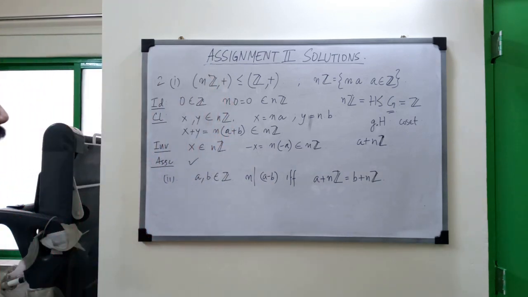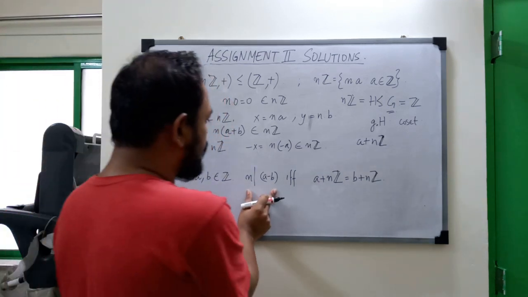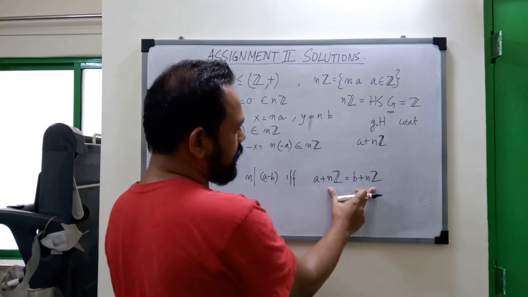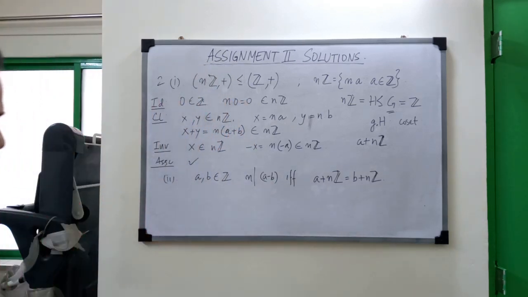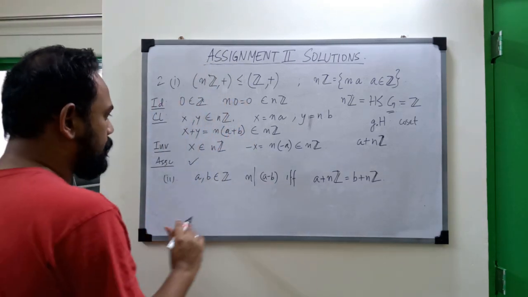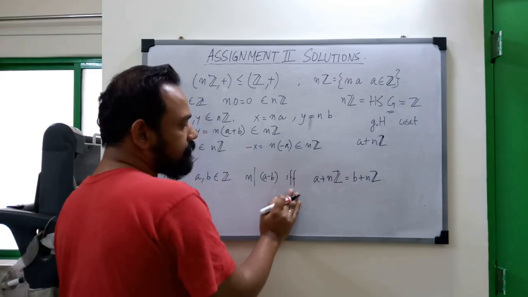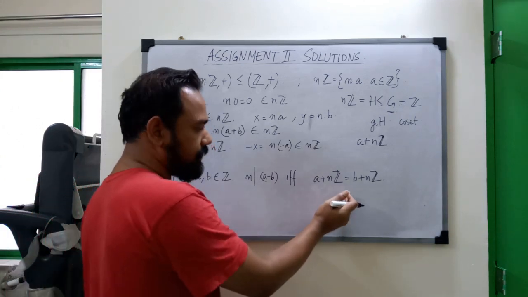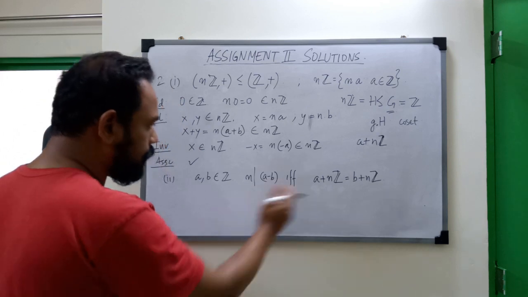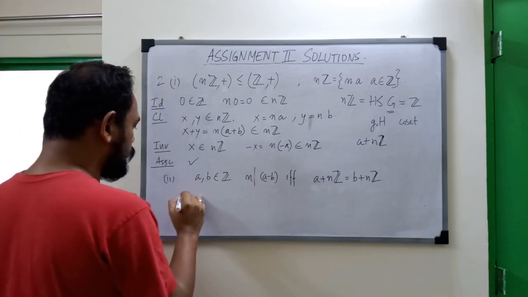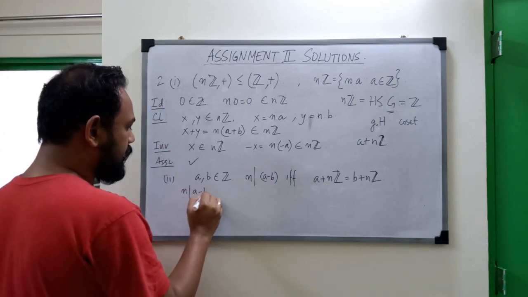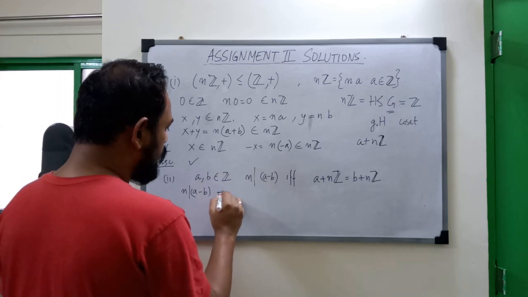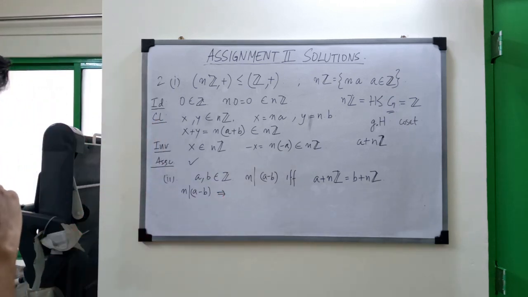So the question is, n will divide A minus B if and only if these two left cosets are the same. Let's see one by one. If and only if means there is a necessary side and a sufficient side, the forward and the backward. So if n divides A minus B, what does that mean?